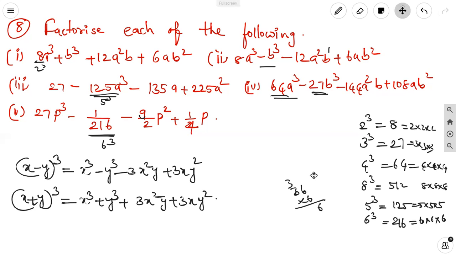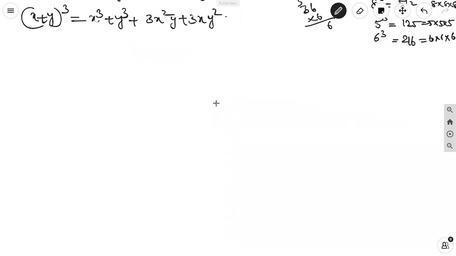Now I am taking the first problem, that is 8a cube plus b cube plus 12a square b plus 6ab square.